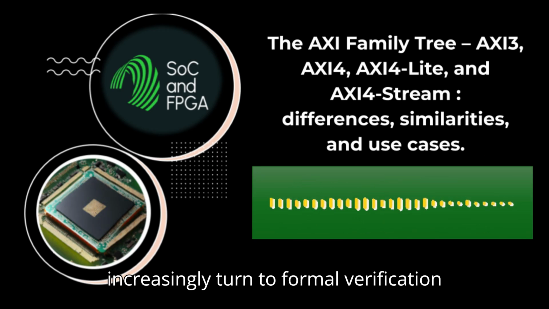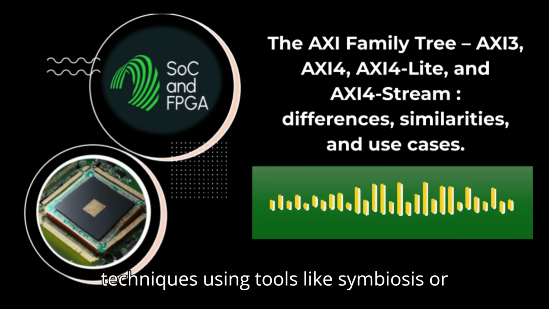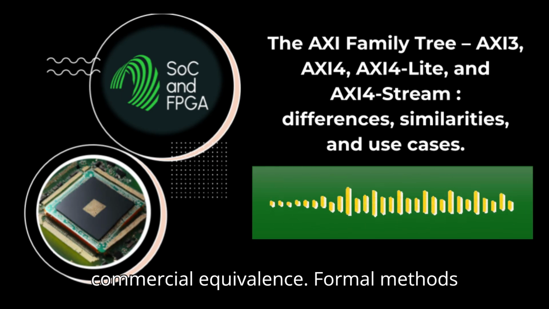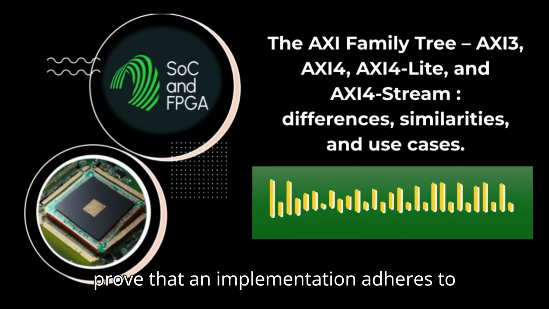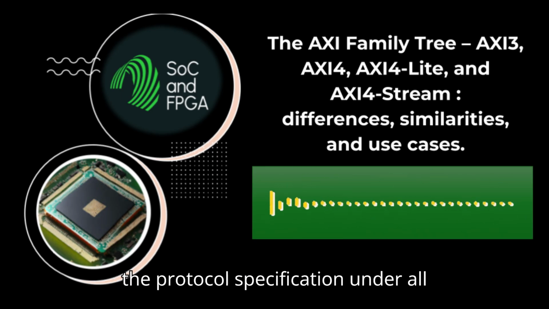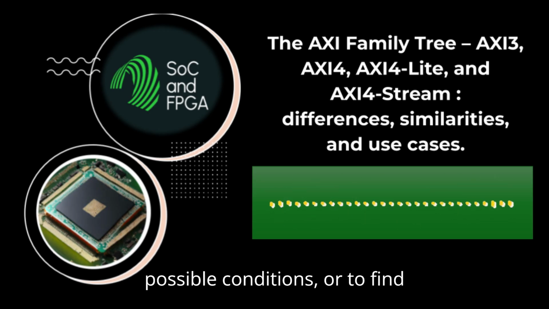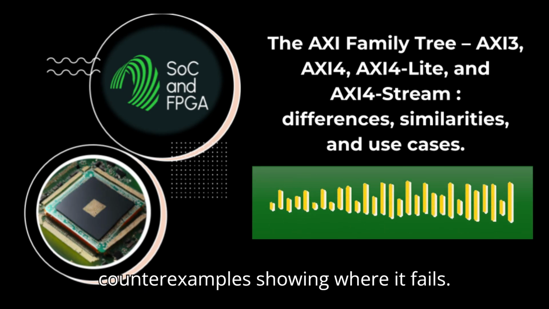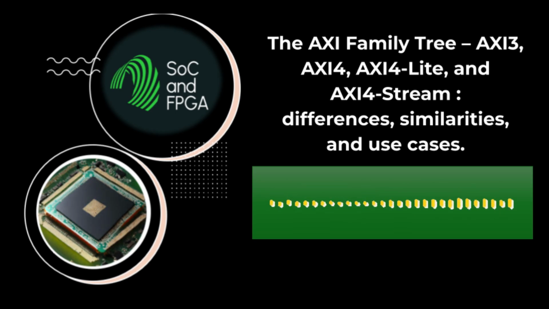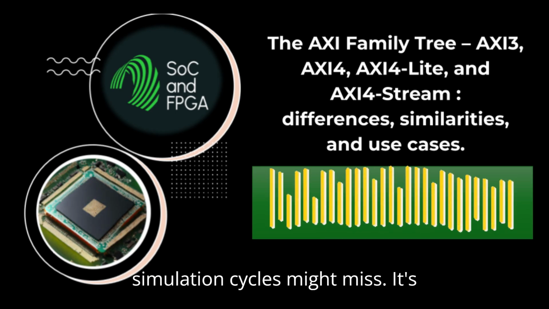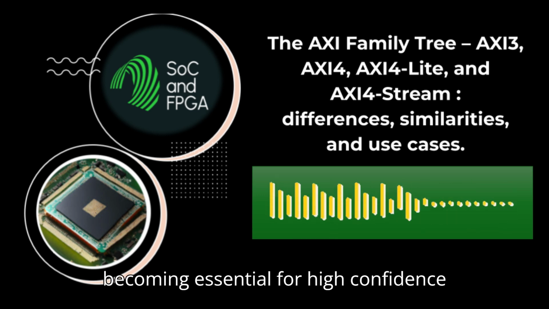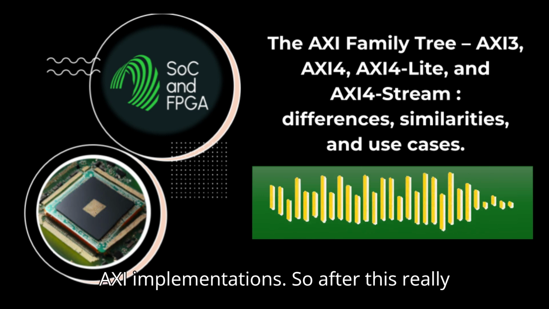Designers also increasingly turn to formal verification techniques, using tools like SymbiYosys or commercial equivalents. Formal methods use mathematical techniques to actually prove that an implementation adheres to the protocol specification under all possible conditions, or to find counterexamples showing where it fails. This can catch those incredibly subtle corner case bugs that even millions of simulation cycles might miss.